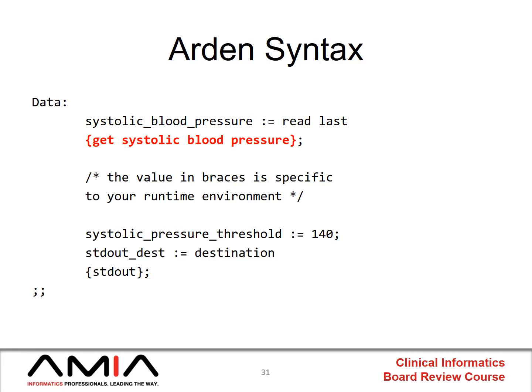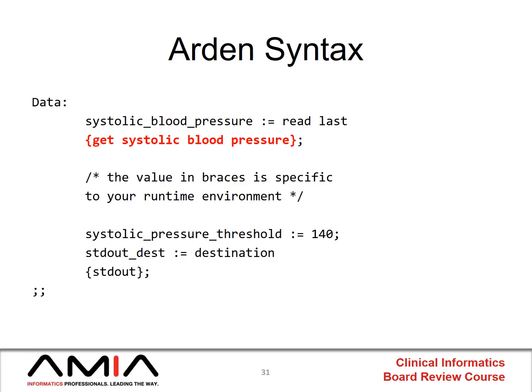And then there's some curly braces, and where it says get systolic blood pressure, that's where your organization would insert the code for how to actually fetch the systolic blood pressure from their database, from their electronic health record, from their target system. And then down below, they defined that the threshold for systolic blood pressure is 140. What I left out of this abbreviated rule was the condition that would say, for example, if the last systolic blood pressure was greater than the threshold, then show some alert, but you can imagine that's down below.